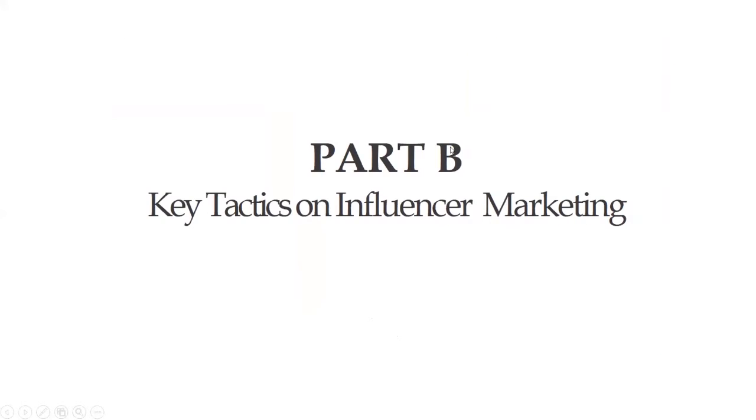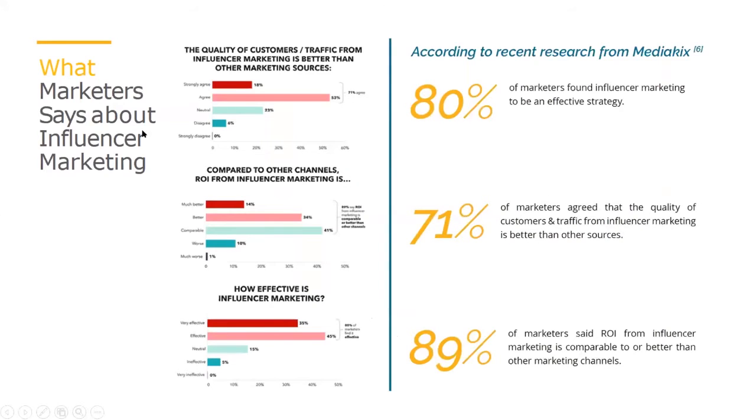The key challenge in influencer marketing. Like what marketers say about influencer marketing: 80% of marketers find influencer marketing to be an effective strategy. And more than 70% of marketers agree that the quality of customers and traffic from influencer marketing is better than other sources.